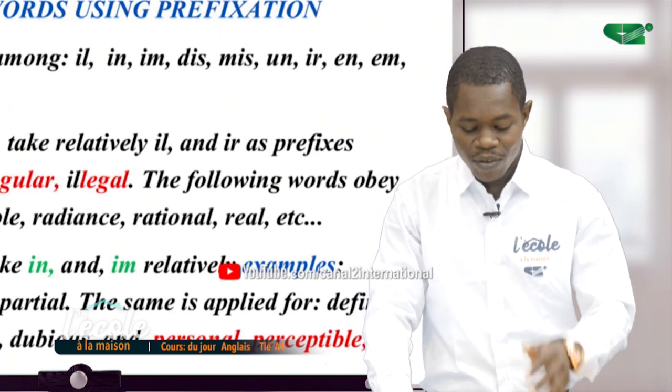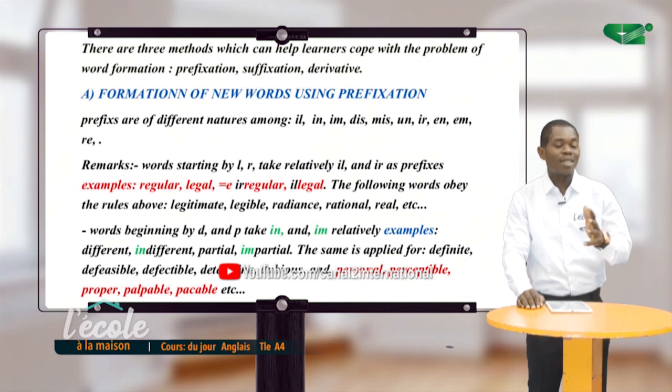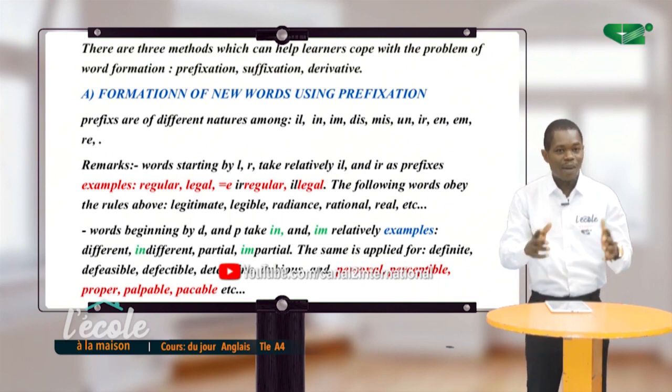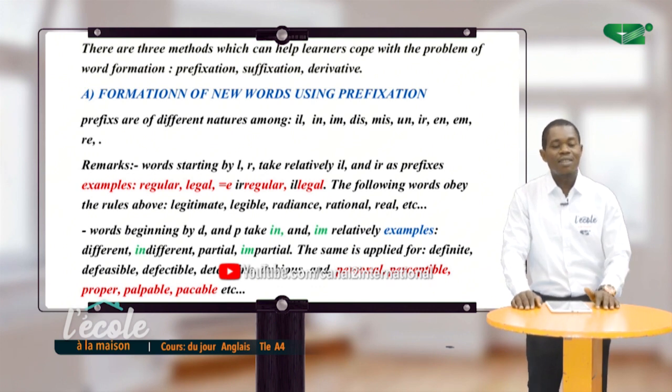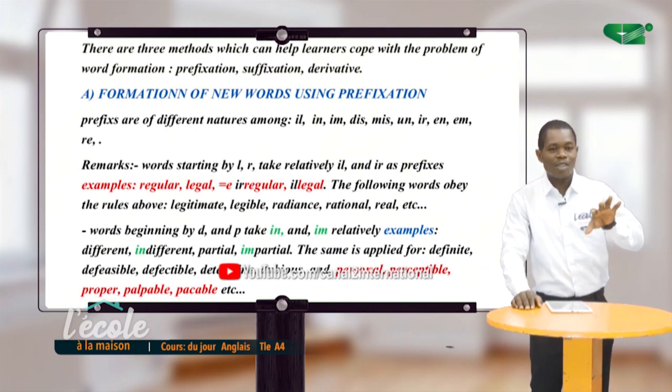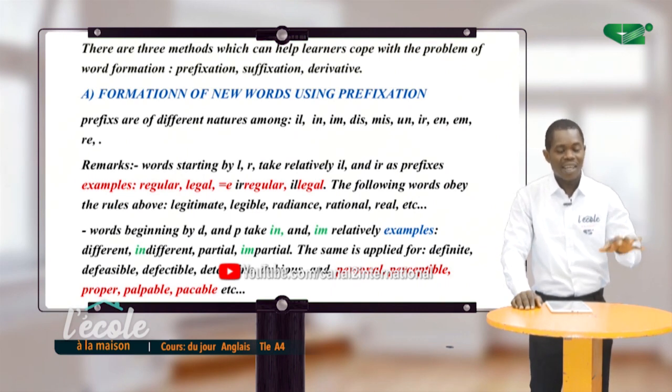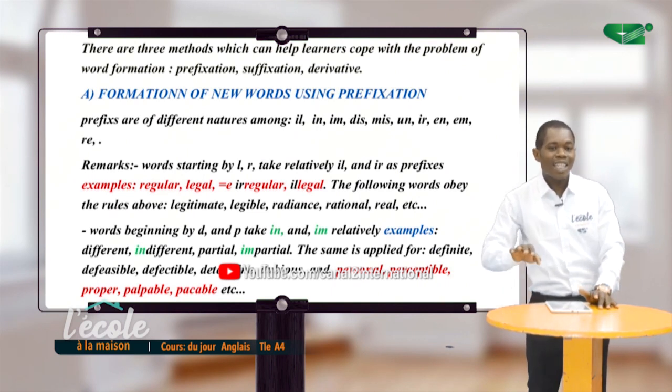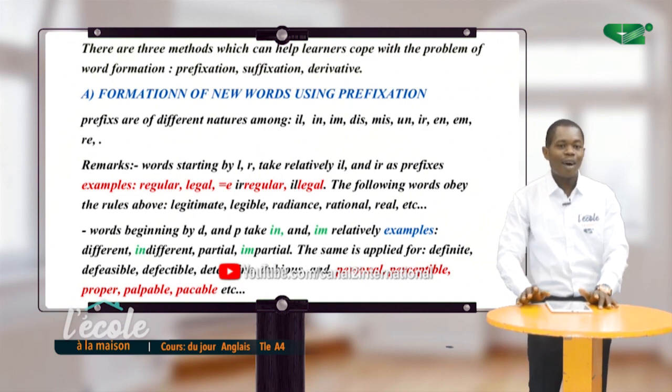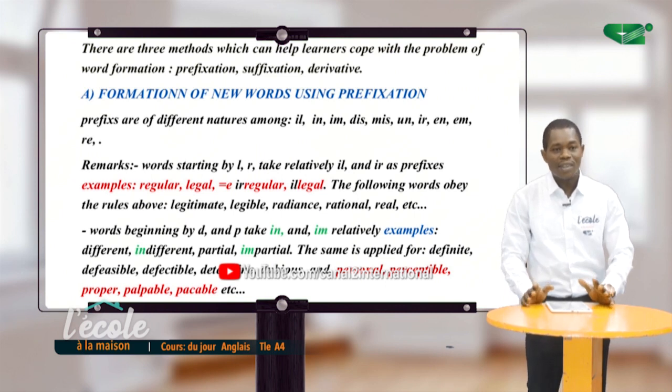Great. Let's move now to suffixation, which seems to be, in this context, the reverse side of prefixation. Because we first of all talked about a particle coming at the very beginning of a word. Now we will talk about the last particle, or the particle that we add after the main word.